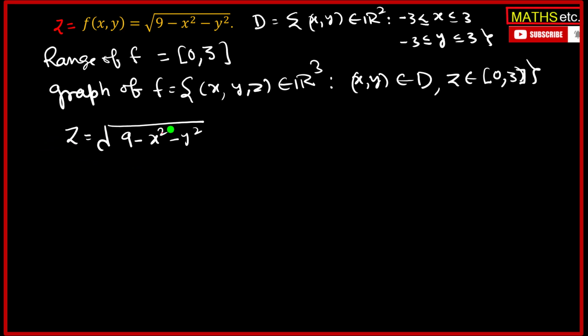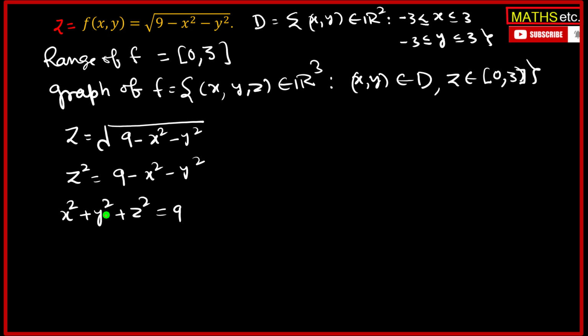Now let us square both sides. This becomes z square equals 9 minus x square minus y square. Further simplify it, bring minus x square and minus y square to the left hand side. So this becomes x square plus y square plus z square equals 9.